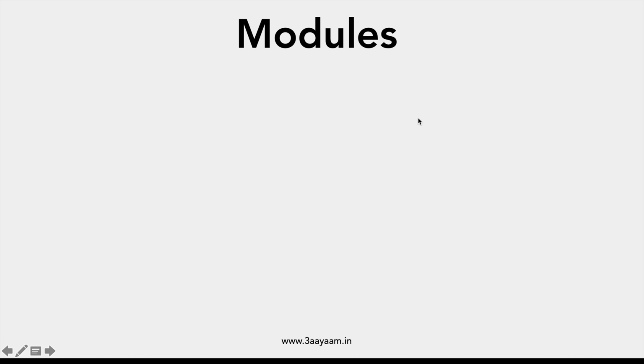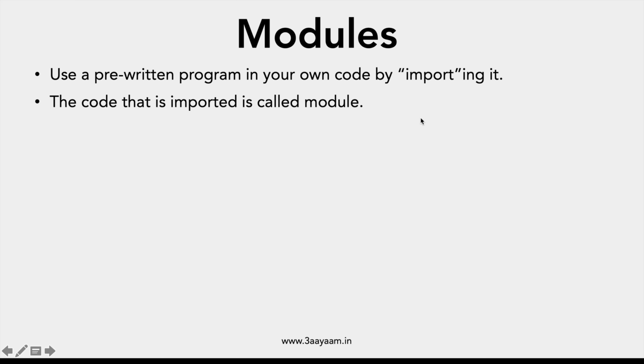So first of all, what are modules? Modules are essentially pre-written programs which can be used in our own code by importing them. And the code that is imported is called a module. As I said, in the previous hands-on I had imported datetime and I had imported random. So datetime and random are the two modules that were imported.